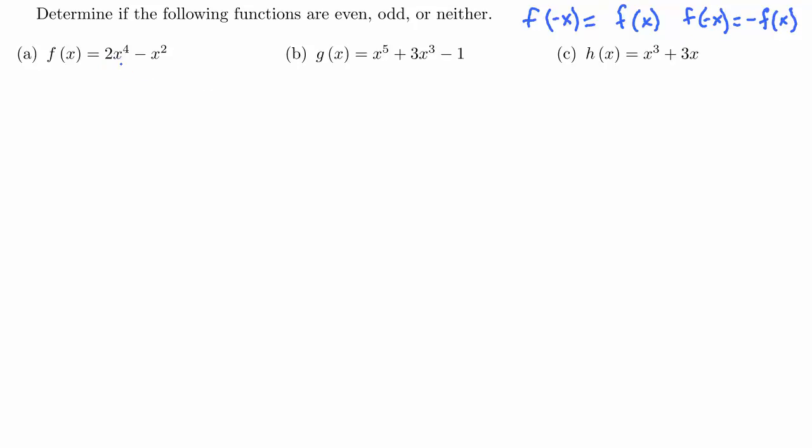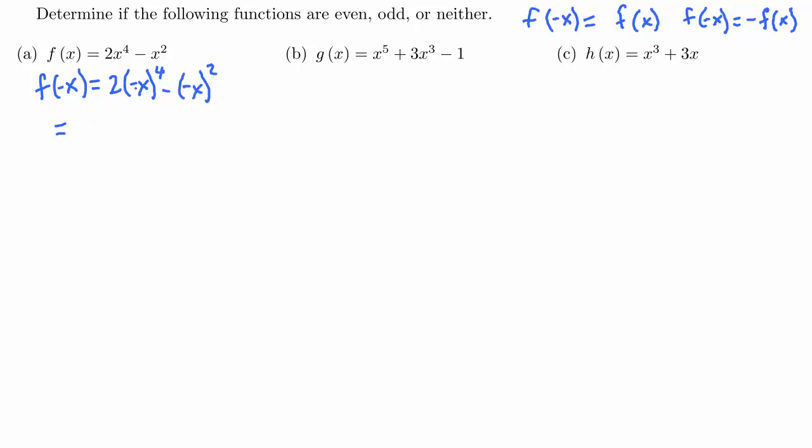We have f of x equals 2x to the fourth minus x squared. We always want to start out figuring out what is f of negative x. So that gives me 2 times negative x to the fourth power minus negative x squared. Then you simplify. Anytime you have a negative to an even exponent, it makes it just whatever it was originally.